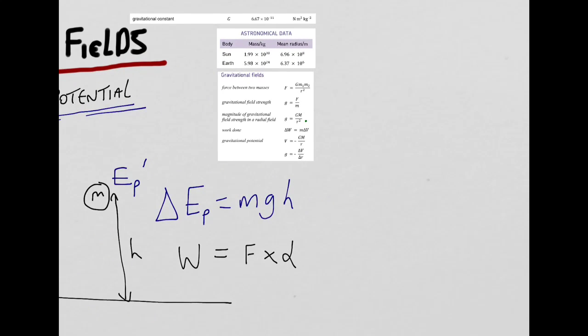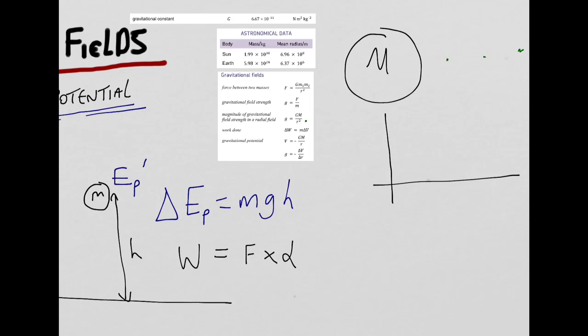In a future video, we'll look more closely into this, but just to give you a rough idea, if I have a planet, big M here, and I want to put things in orbit around that planet, so I might put something here or here, as I'm moving away from that planet, the actual force of gravity drops off. If I was to draw a graph of the strength of gravity as I move away, if this is the radius of the planet, then let's say at this point it's 9.81.